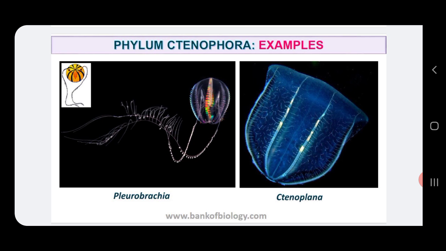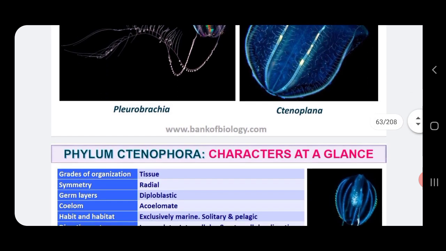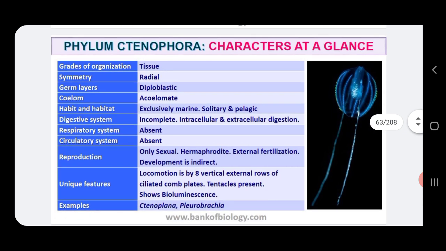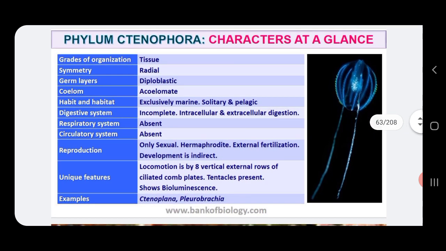Then this phylum Ctenophora can be divided into 2 classes, namely class Tentaculata, or with tentacles. An example for this is Pleurobrachia, which I showed you in the earlier slide. The next one is class Nuda, or naked.